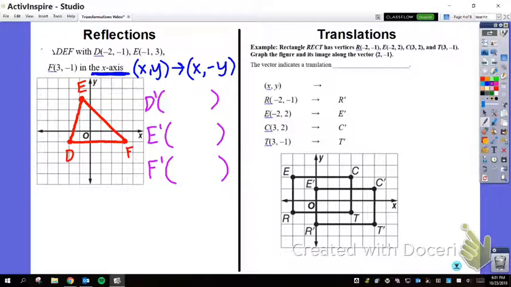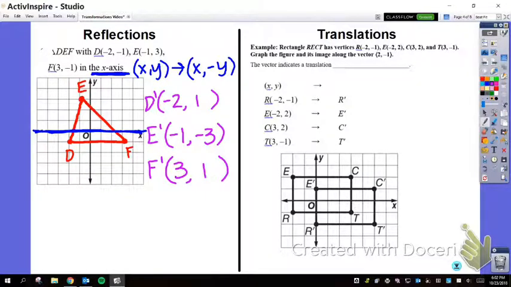Now remember, the x is always associated with the horizontal. So our x-axis is our horizontal axis, so this is what we're reflecting over. Okay, so our new D point, if x stays the same, then we still have -2, and the opposite of -1 is +1. E prime, x stays the same, so it's -1, and 3 becomes the opposite, so it's -3. And F prime, x stays the same, so 3 stays the same, and the opposite of -1 is +1, so those are our new points.